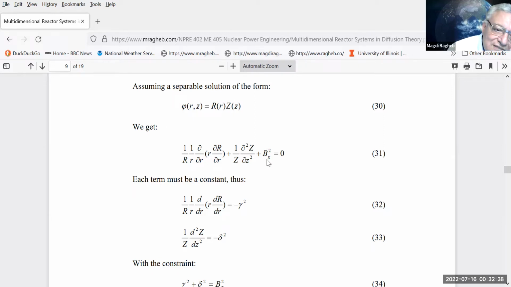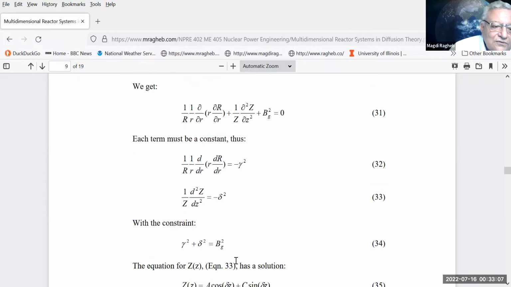And we'll see later that the geometric buckling comes in to represent the leakage of neutrons. In that case, the delta squared represents the leakage of neutrons from the top and the bottom of the cylinder, whereas this term here, the gamma squared, represents the leakage of neutrons from the radial direction, the surface of the cylinder. So let us remember that B sub g squared here, the geometric buckling, is equal to gamma squared plus delta squared.